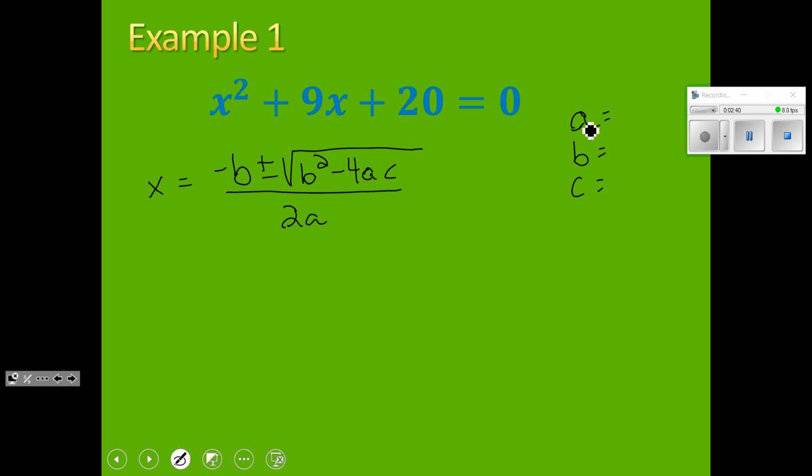So what do we think a is? Remember, it's got to be in the form ax squared plus bx plus c. So a is going to be equal to, what's a equal to?